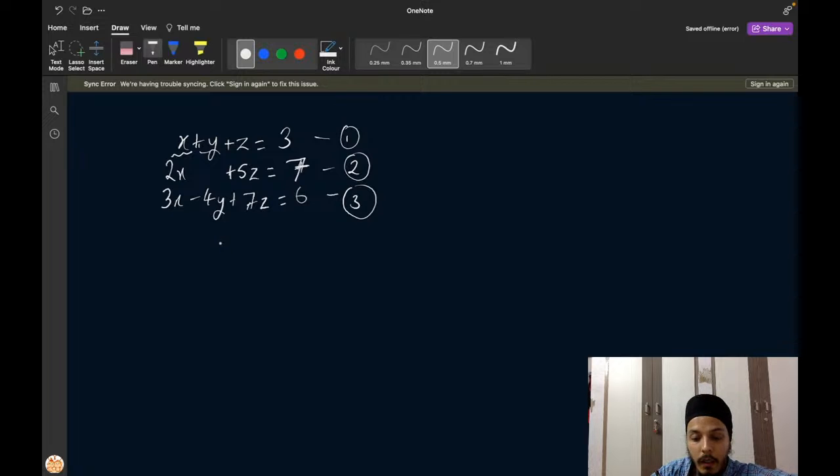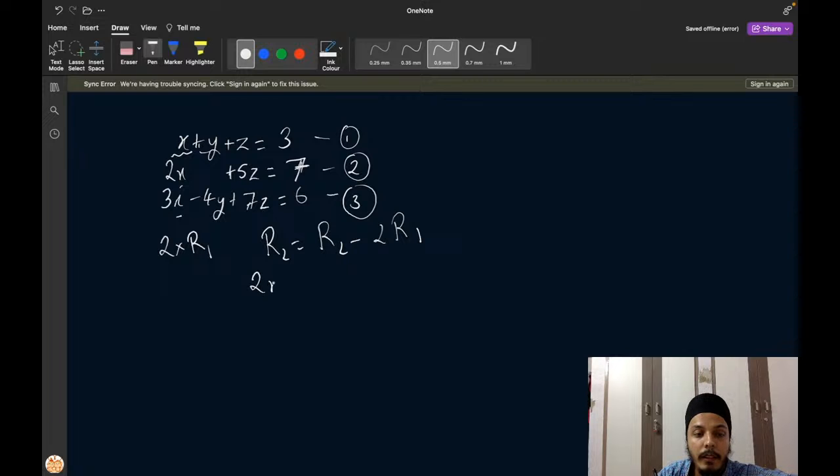So our first goal is to eliminate x from equation 2 and equation 3. Let us first do that. Our first operation is to subtract 2 times row 1 from our second equation. So our operation will be r2 equals r2 minus 2 times r1.